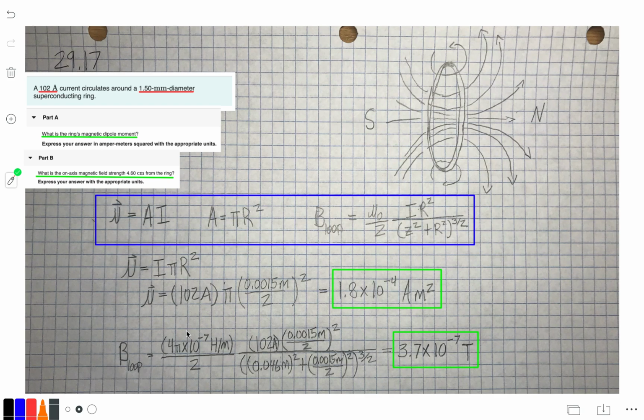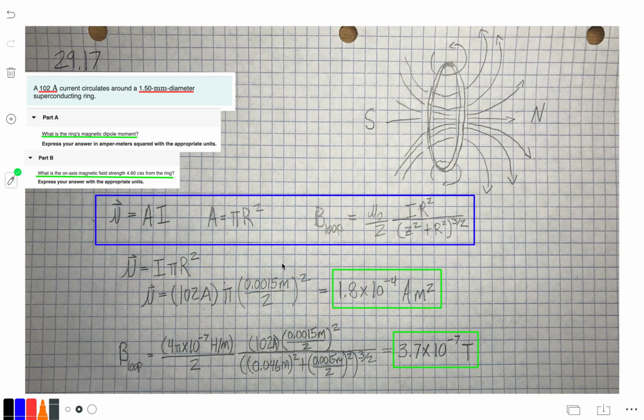So we can just go ahead and plug straight in. We have our vacuum permittivity in henrys per meter, and we can just plug in and solve for the equation. This on-axis magnetic field strength, I don't think it's something that we'll see too often, although it can be derived from other magnetic field strength equations that we use in this chapter.